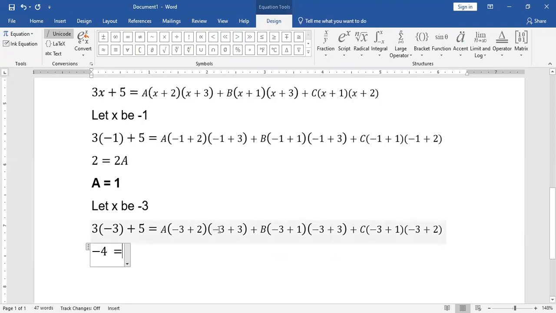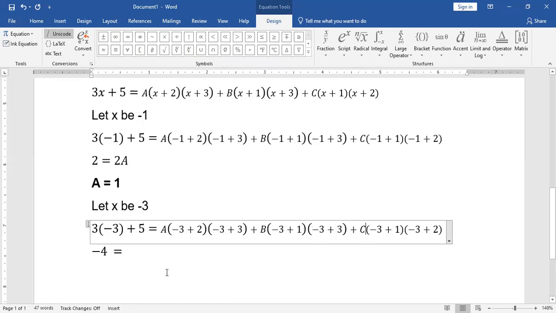Here there is a negative 3 and positive 3, meaning this will be rendered to 0, and 0 will multiply with everything in this part, which will make everything a 0. Okay, and also here there is a negative 3 and positive 3, which will make it a 0, and everything multiplied by 0 will be a 0.